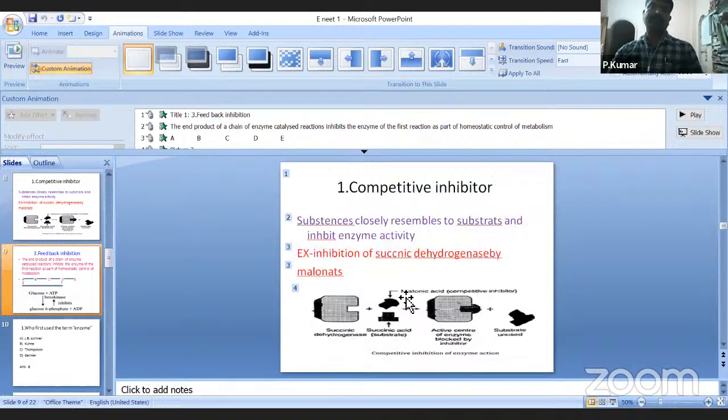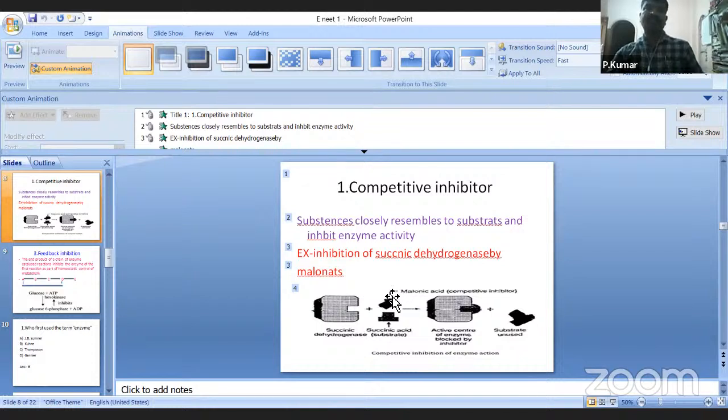So here you are observing, it is clear that the inhibitor closely resembles the substrate and inhibits enzyme activity. For example, inhibition of succinic dehydrogenase by malonate. Here, instead of succinic acid, malonic acid is inserted into the enzyme active site.